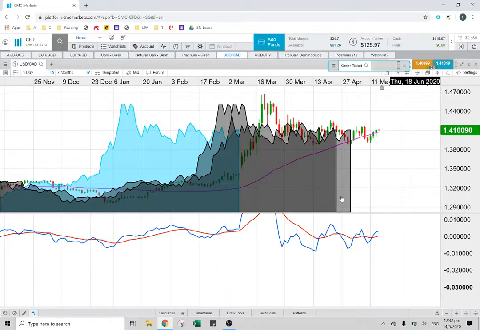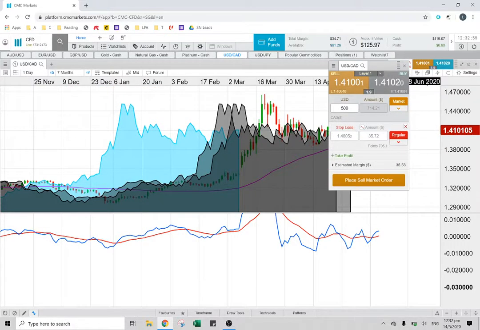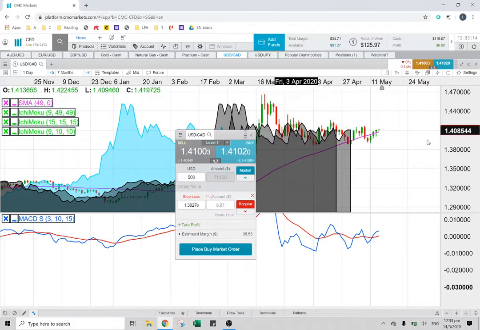Let's buy. And stop loss 1.3927. So market order. Yeah, okay, now we're good. So close of this, which is our stop loss, we're gonna buy. Close 1.3927, that's our stop loss, good.